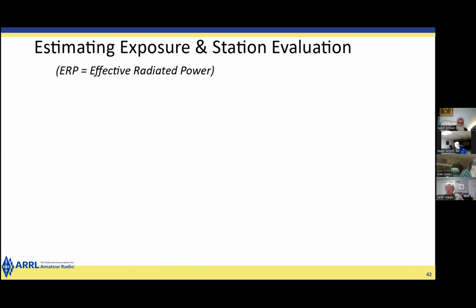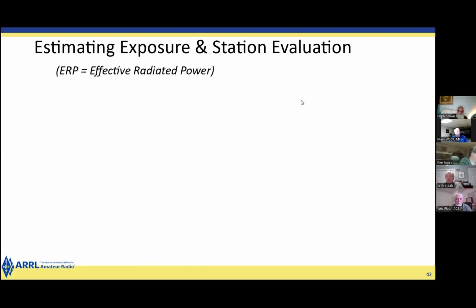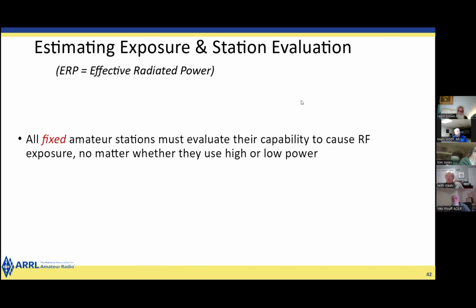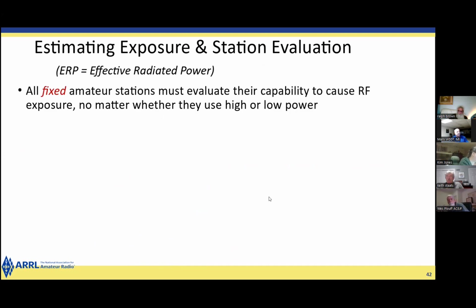Estimating exposure and station evaluation. ERP is the effective radiated power. All fixed amateur stations must evaluate their capability to cause RF exposure, no matter whether they use high or low power. Limits vary with frequency and peak envelope power.